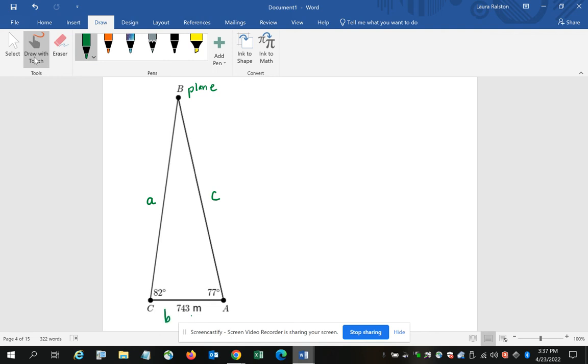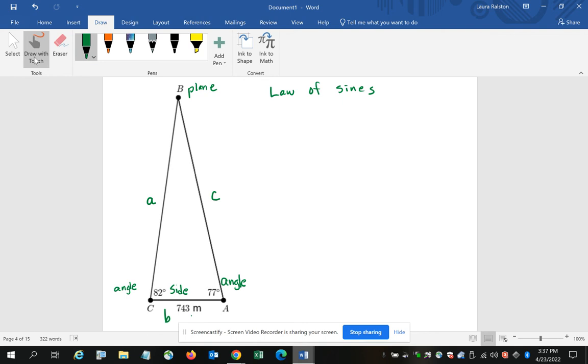Now, one of the challenges is deciding whether to do law of sines or law of cosines. Well, if you look at this picture visually, you have an angle and a side and an angle. When you have angle, side, angle, you can use law of sines.